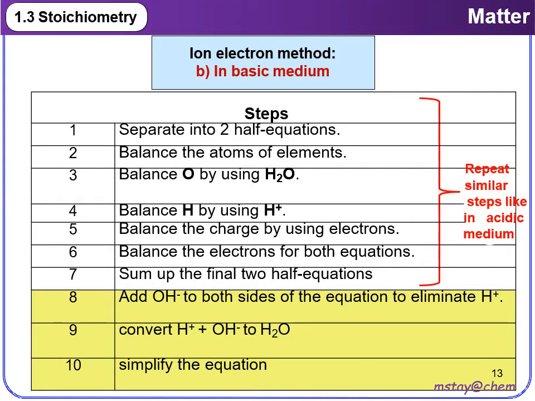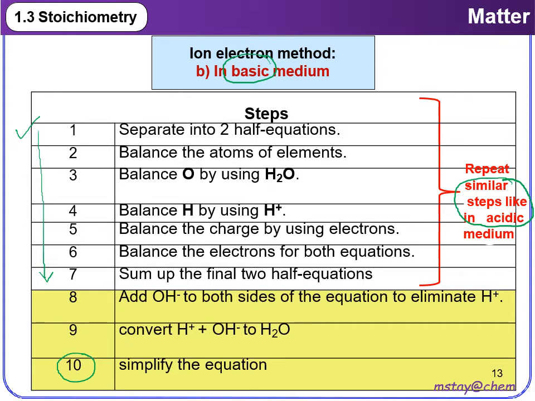Okay, in balancing redox equations in basic medium, there are up to 10 steps. No worry, step number 1 up to step number 7 are similar to the steps in acidic medium. So you only need to add another 3 steps.